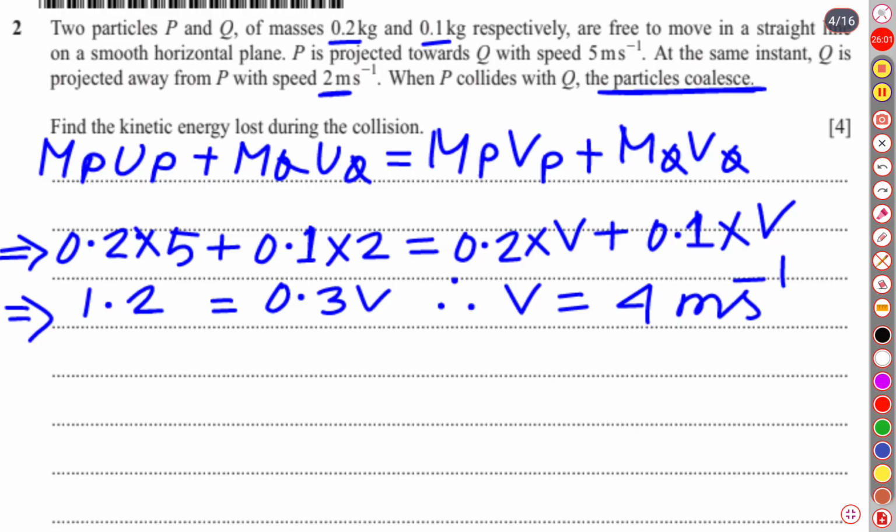Now we are going to find the loss of energy. So let us write loss of kinetic energy.